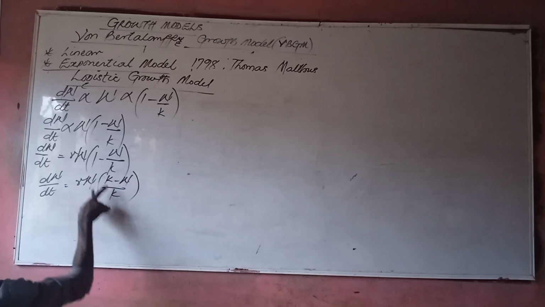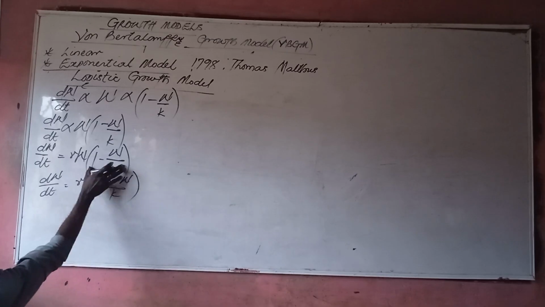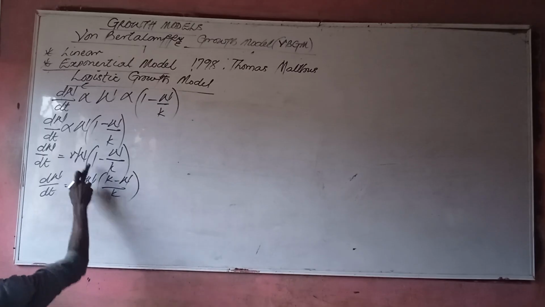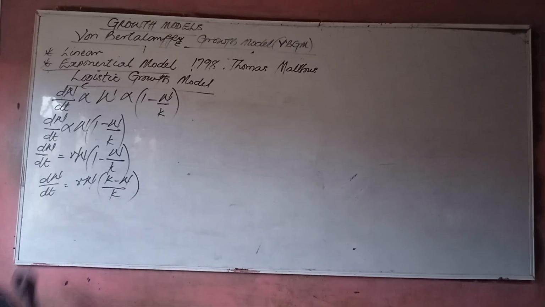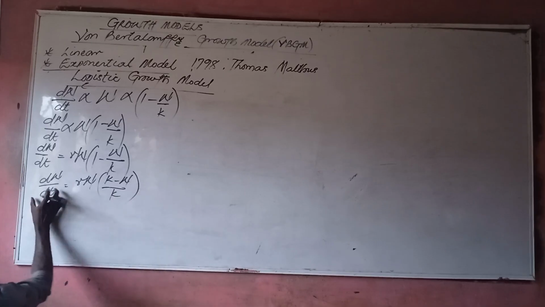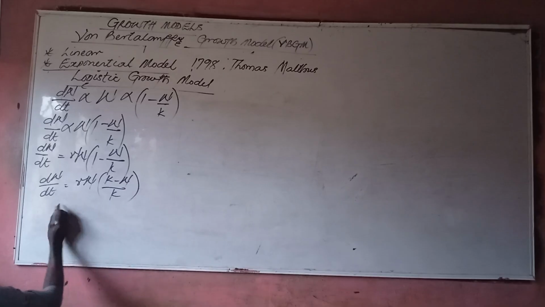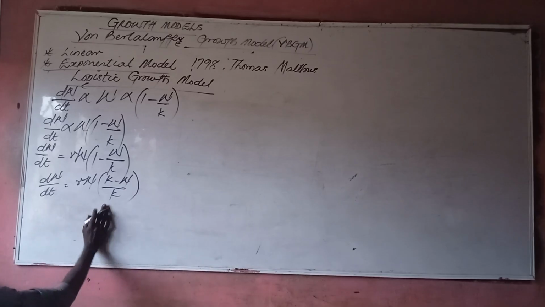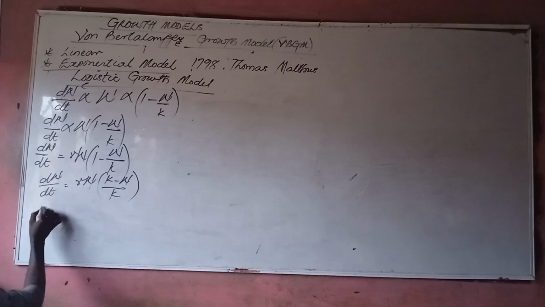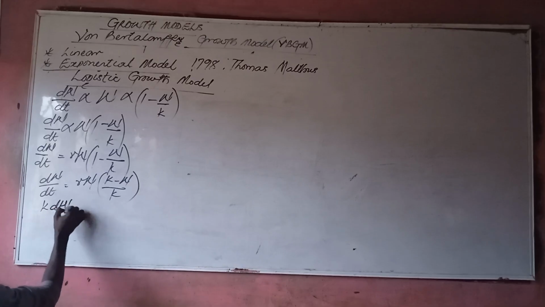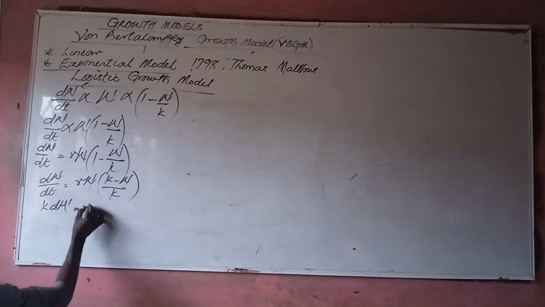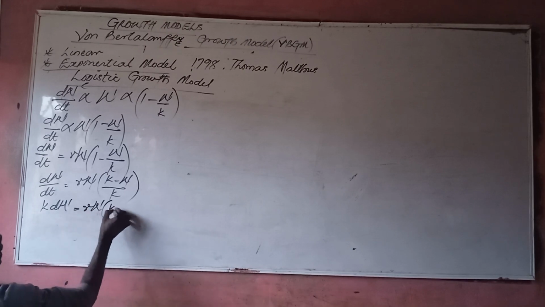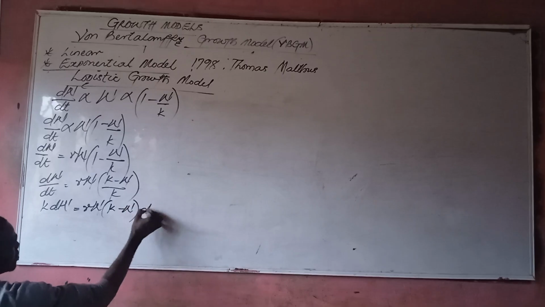By the time you make the fraction a single fraction, the LCM is K, 1 in K times 1, K minus W in this one. All right. So from here, I bring dt to that side, and I bring K to this side. So I have K dW will be equal to R omega into brackets K minus W dt.